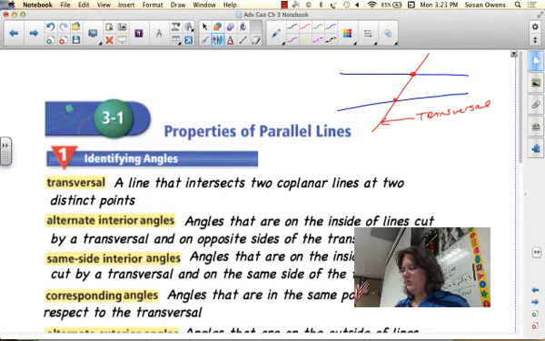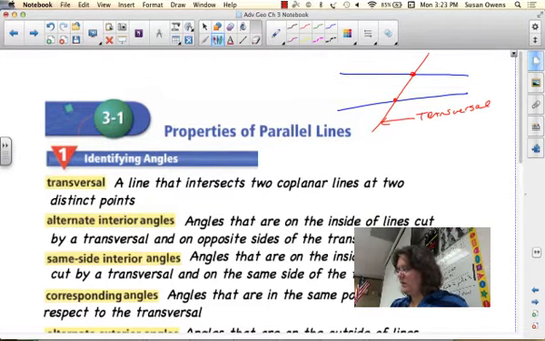Now, if we have a transversal, then we can talk about the different angles on them. Okay. So one thing we have are called alternate interior angles. These are angles that are on the inside of the lines cut by a transversal and on opposite sides of the transversal. So alternate means that it alternates what side of the transversal it's on. Interior means it's inside.